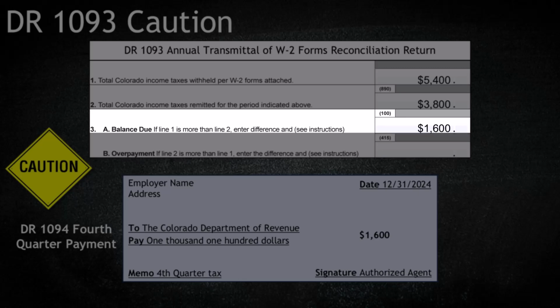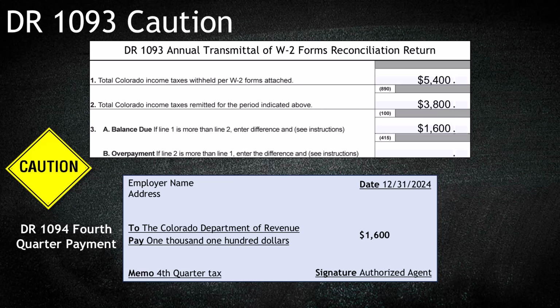This then posts to the withholding account as an amount owed in error, and a delinquent notice is mailed to the employer. To correct this error, the employer must file an amended DR 1093 reconciliation return to correct the amount on line 2. This is why it is so important to verify that all withholding payments for the entire calendar year are included on line 2.